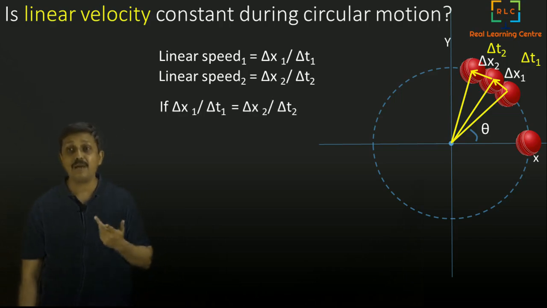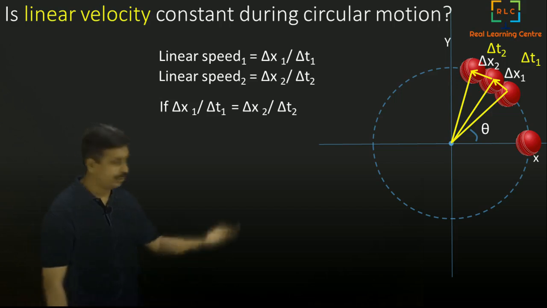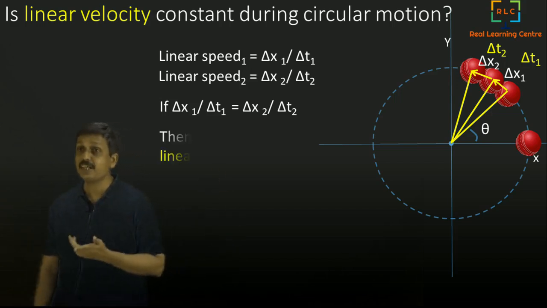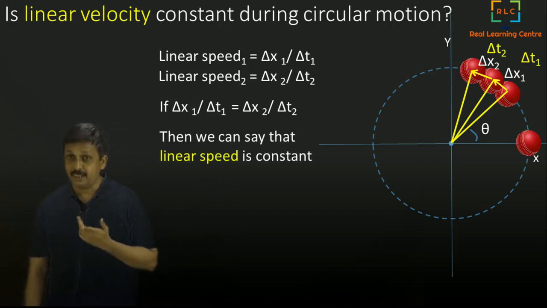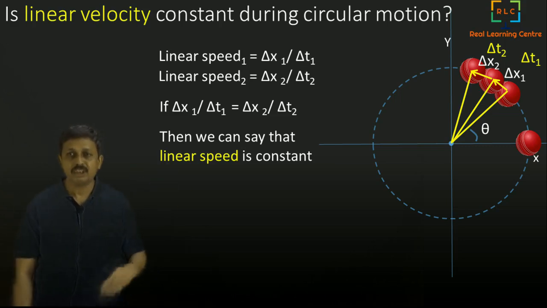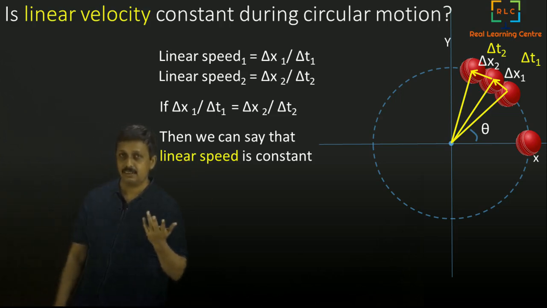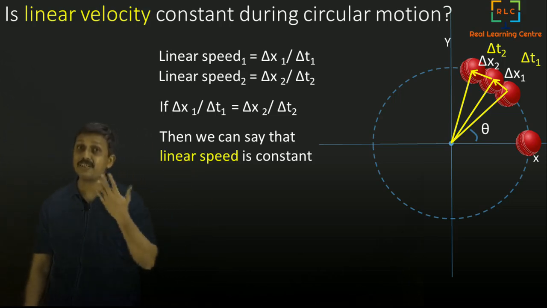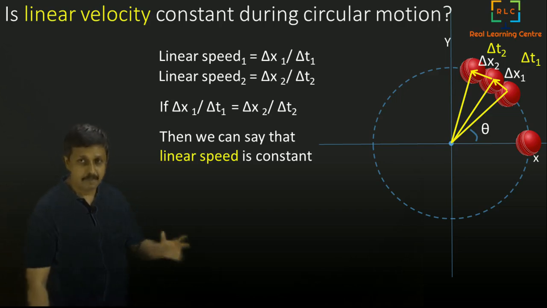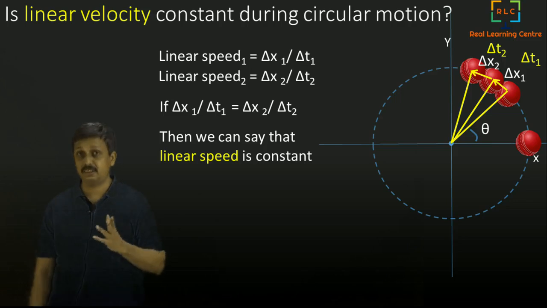If delta x1 by delta t1 and delta x2 by delta t2 are equal, then we can say that linear speed is constant, not changing, wherever you go. That is the meaning when I say linear speed is constant. Mathematically, delta x by delta t is constant wherever you take it.